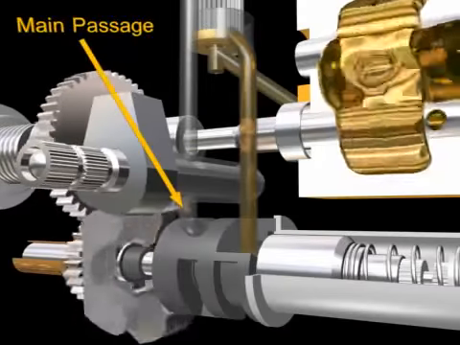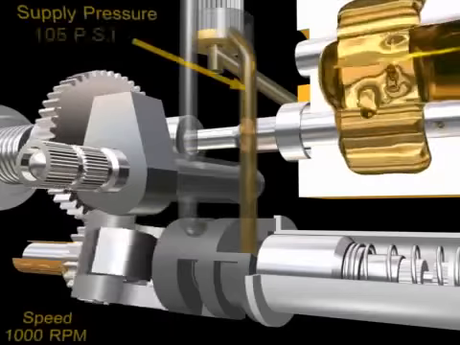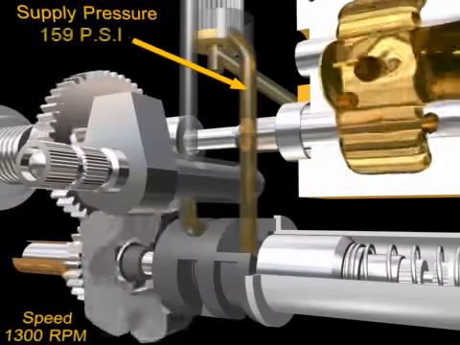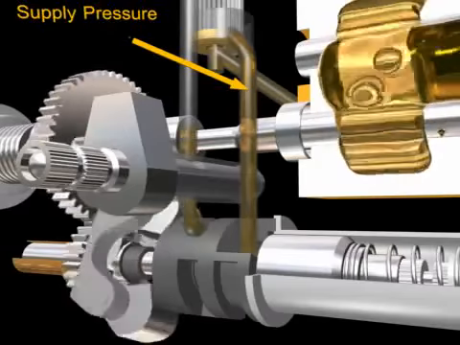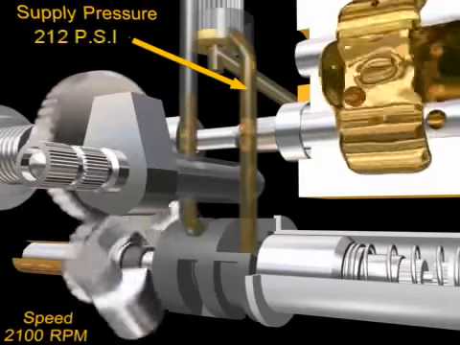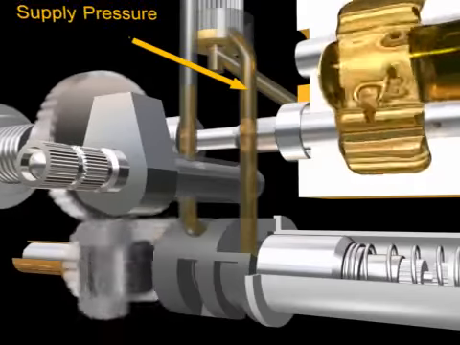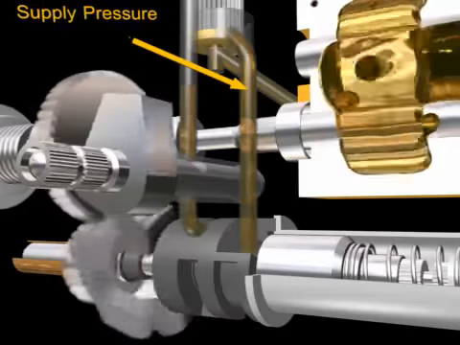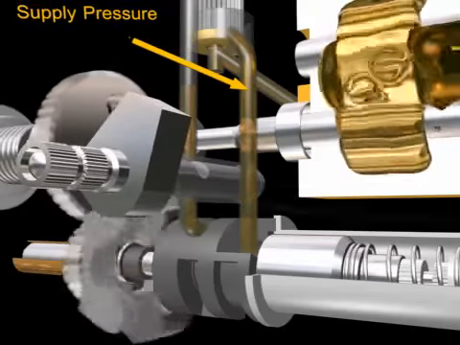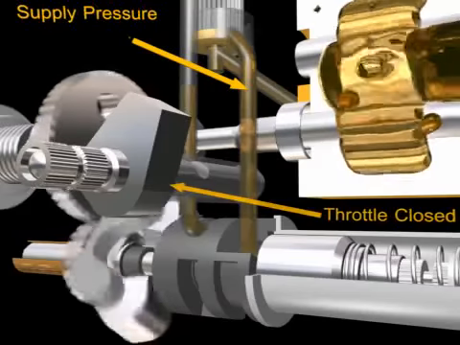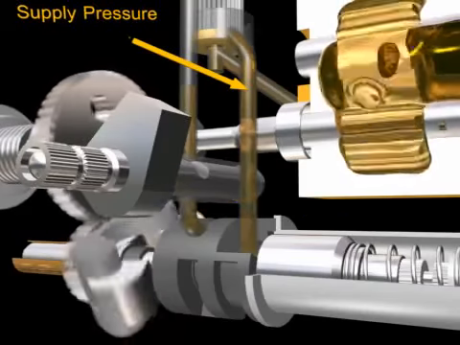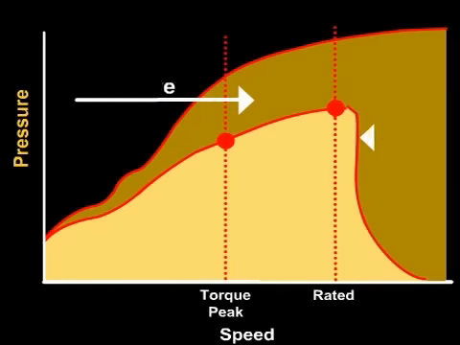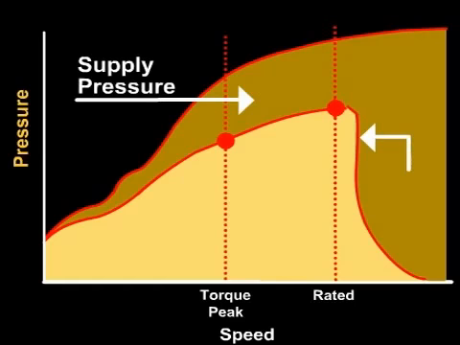It is important to understand that there is a unique supply pressure for each speed. Supply pressure is independent of the flow out of the pump. The regulation of the supply pressure is the first step in controlling the rail pressure.